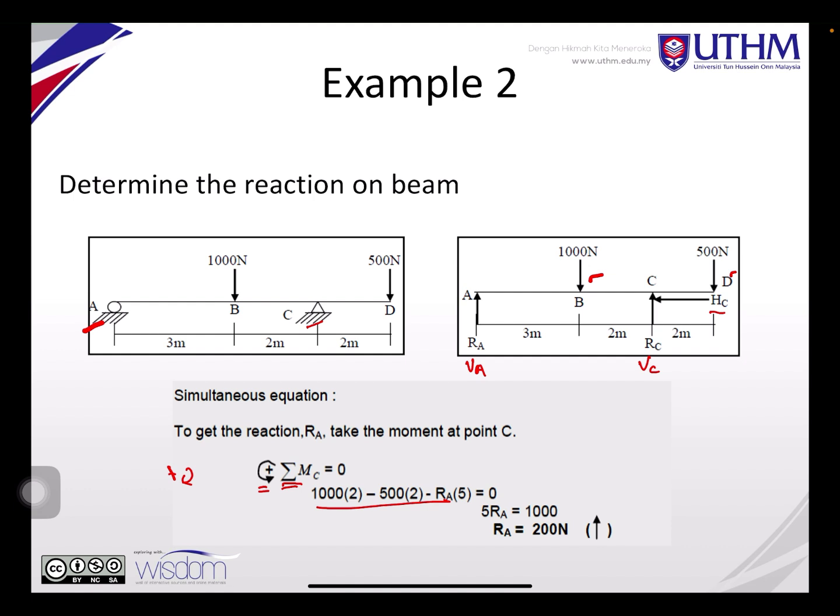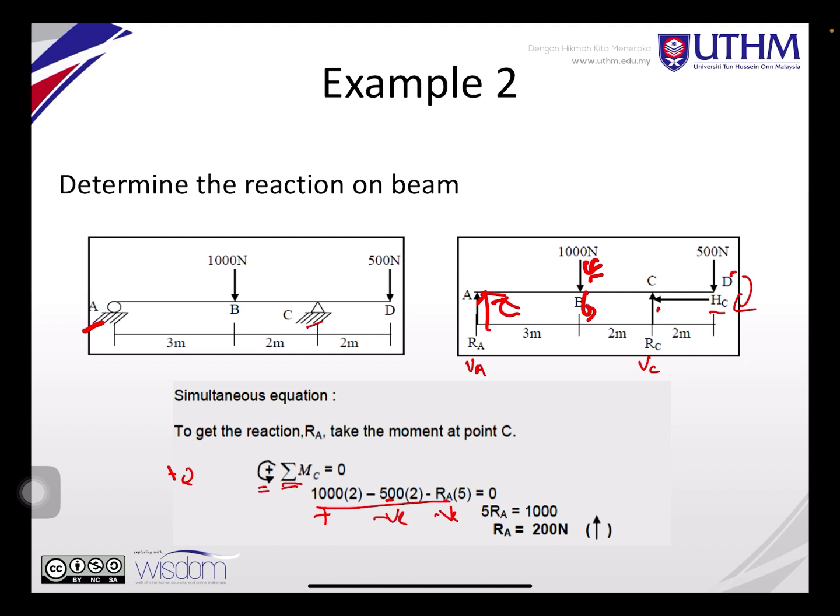You are at point C, here. The 1000 times 200 causes a counterclockwise moment, swinging from here toward here, and then 500 will cause a clockwise moment. From point C, RA going this way will cause a clockwise moment. That's why this is positive, negative, negative.